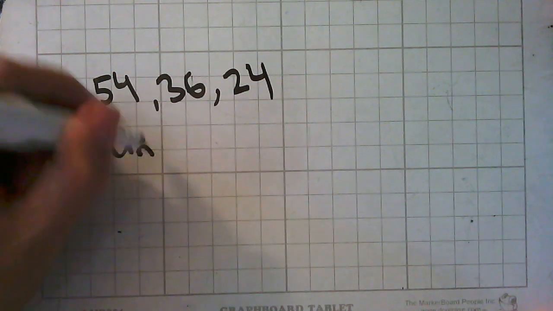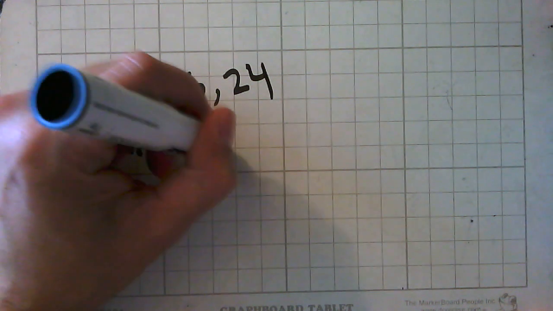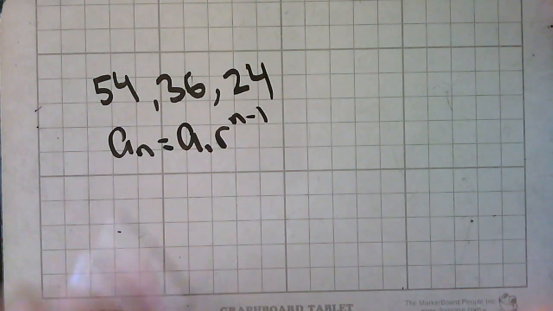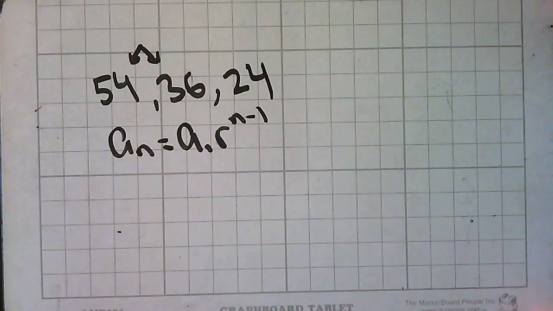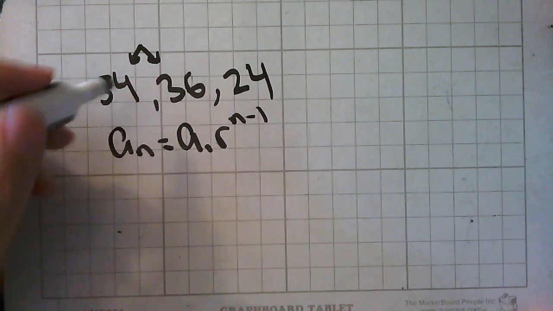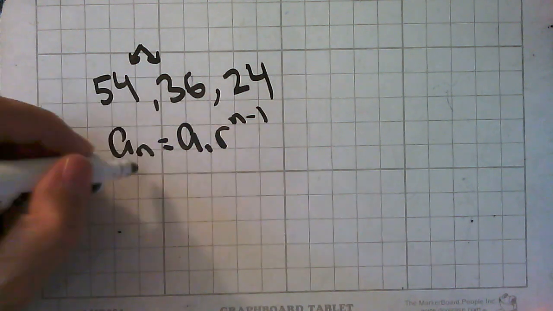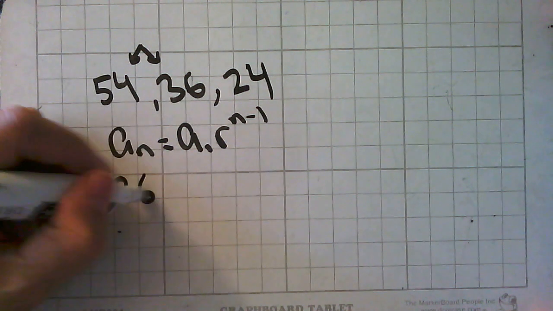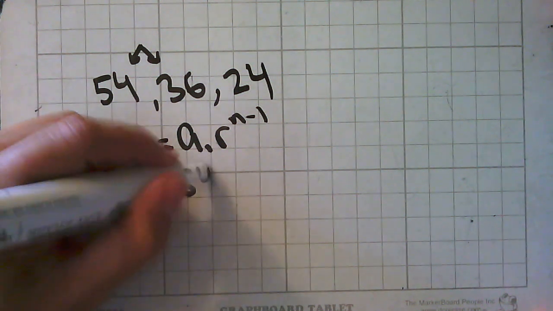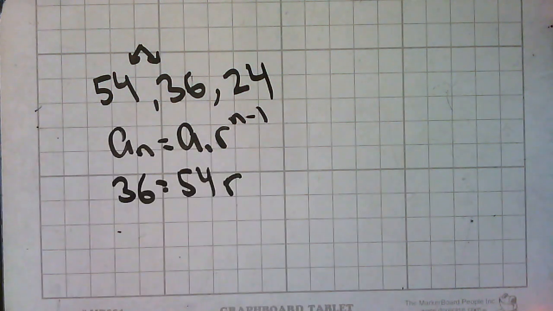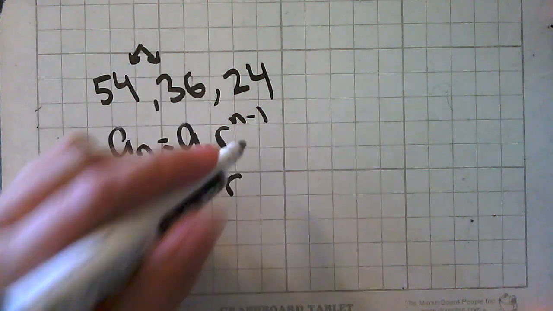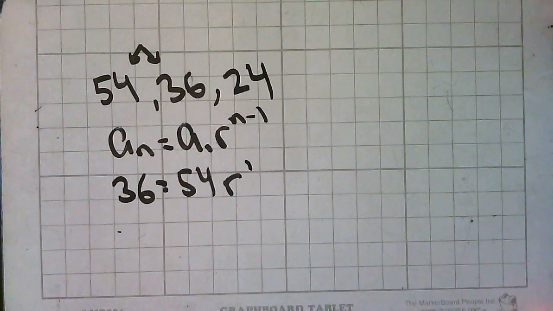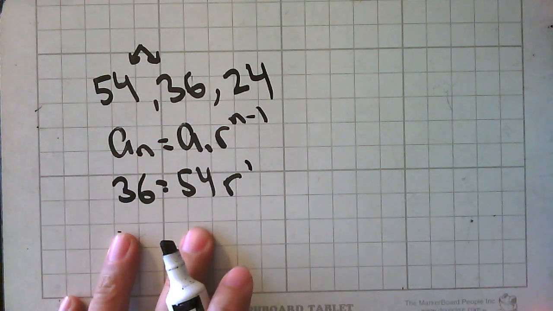So we got a_n = a_1 · r^(n-1). I'm going to just use these first 2 terms here, because those are the easiest. For a_n, the second term, this is 36. The first term is 54. I want to figure out this common ratio, and I know there's only one space between them, so we're just going to have r to the 1. Then I'm going to divide. Now we just have a one-step equation.